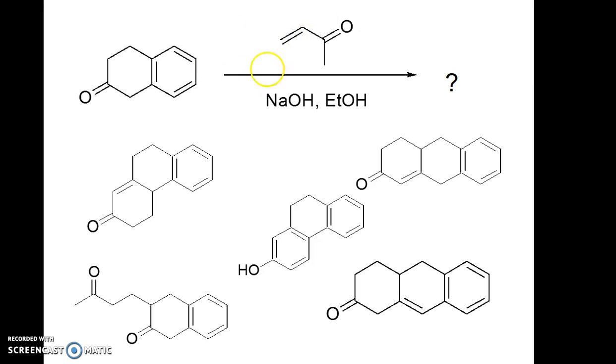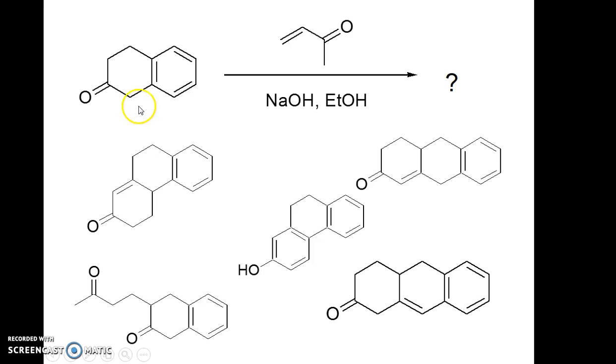But what forms is going to be, you're going to have basically on here 1, 2, 3, 4 carbons, and there's going to be a carbonyl there with a methyl group stuck out real close to this carbonyl that can then do an aldol condensation.